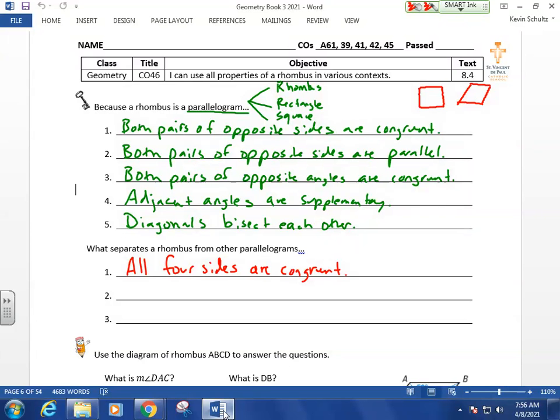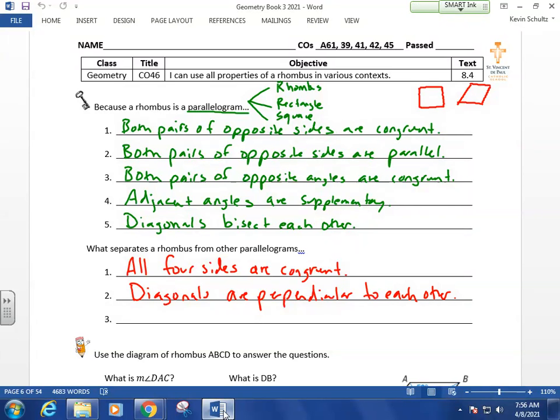A rectangle has two pairs of sides of different lengths. The next one, not only do the diagonals bisect each other, but the diagonals are perpendicular to each other. Okay, the diagonals are perpendicular to each other.